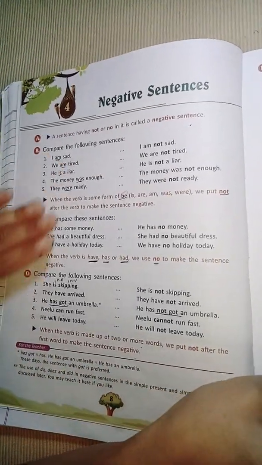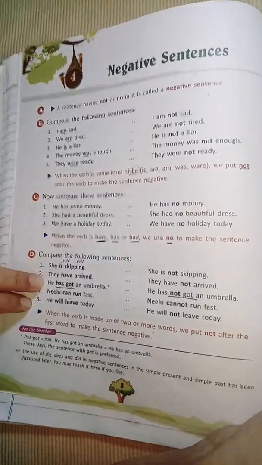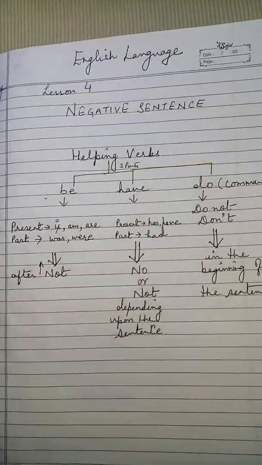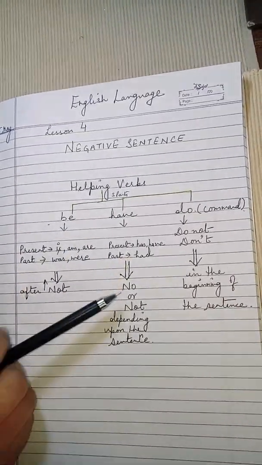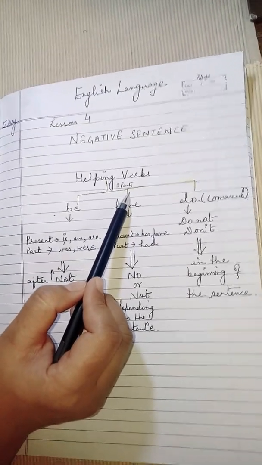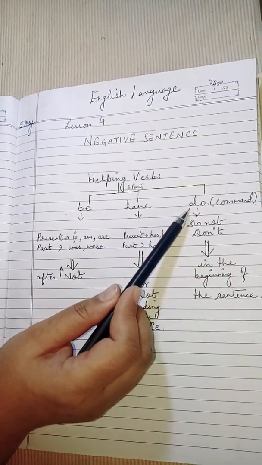Now children, before I explain this along with the sentences, I would like to tell you one thing. If you look at this page, you can see I have made a structure chart. Helping verbs have three parts. It has be form, have form and do form.